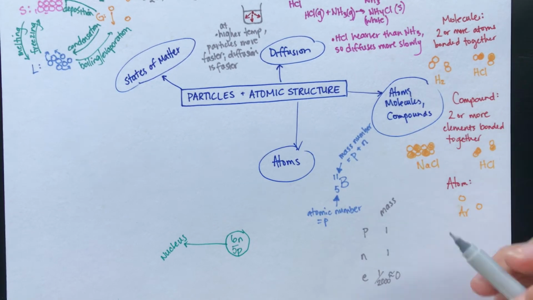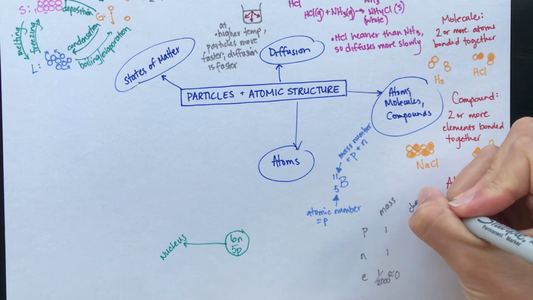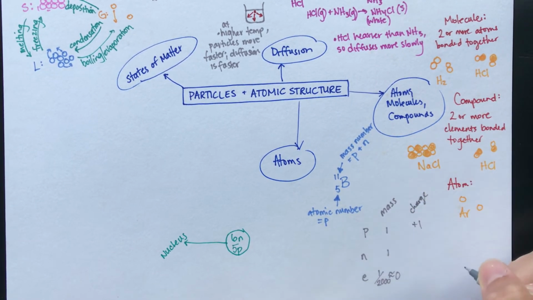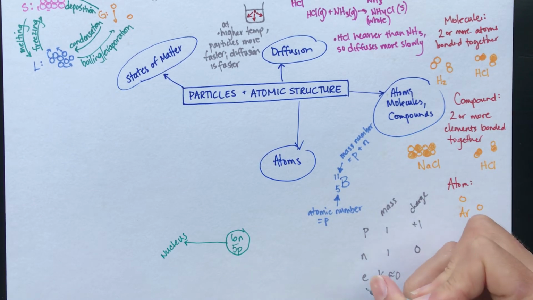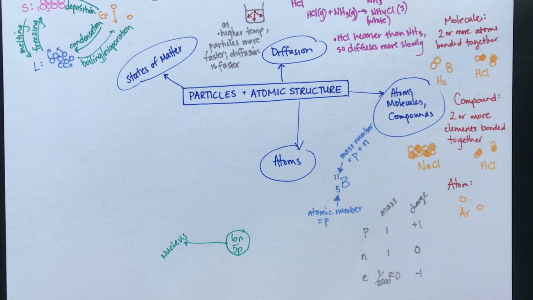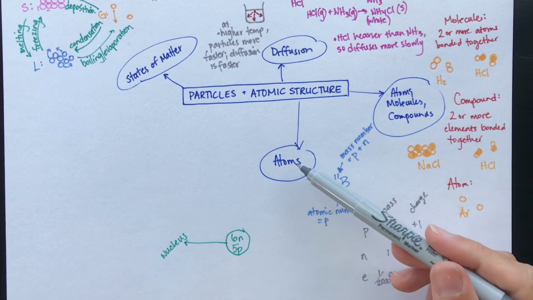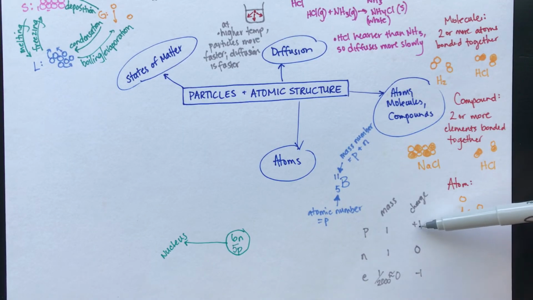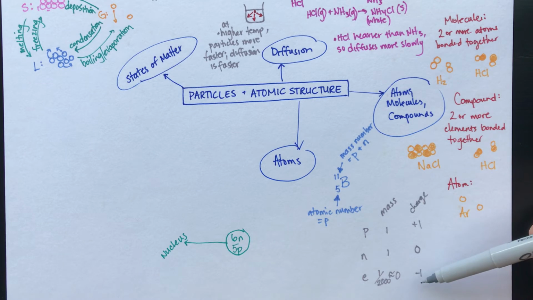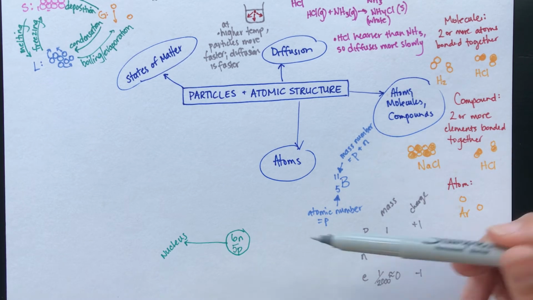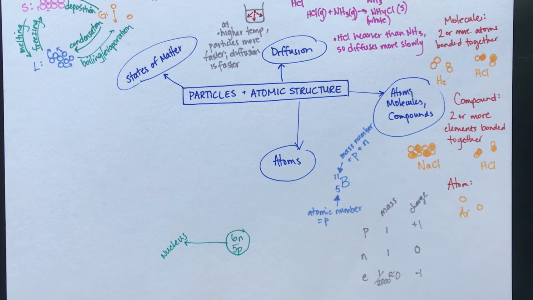And to figure that out, we need to look at the charge. Protons have a charge of +1. Neutrons are neutral or 0. And electrons are the ones with a charge of -1. For a neutral atom, the positive charge and negative charge from protons and electrons has to cancel out. So if you have 5 protons, you gotta have 5 electrons.